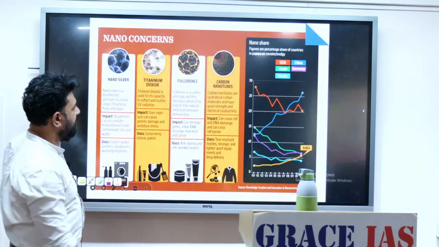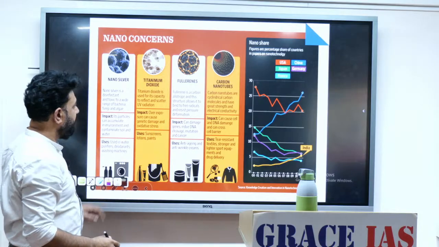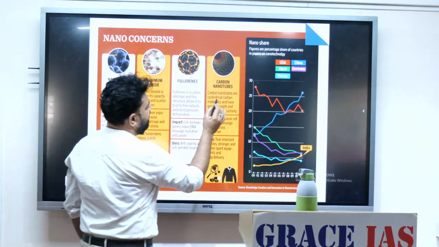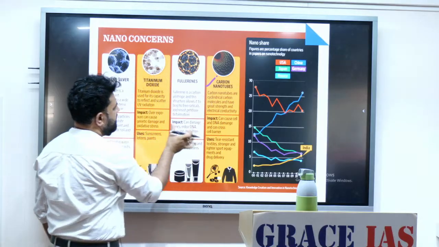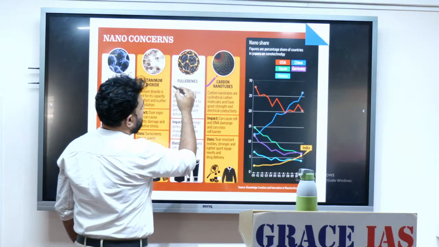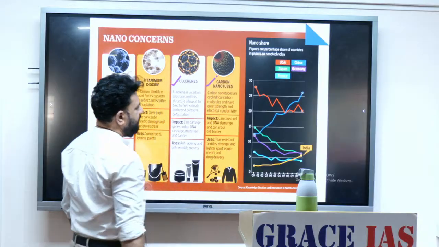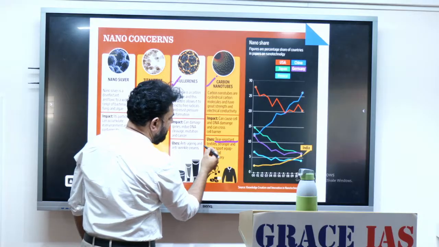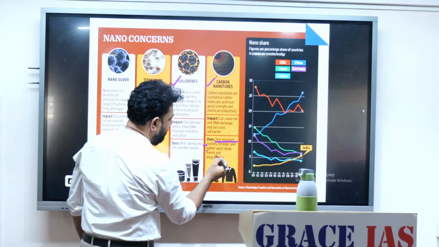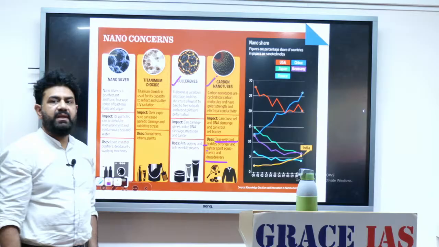They are very strong nanomaterials, and fullerenes also. Though they are nano sized, they are so strong that tear resistant textiles, stronger and lighter sports equipment can be made. They don't break.